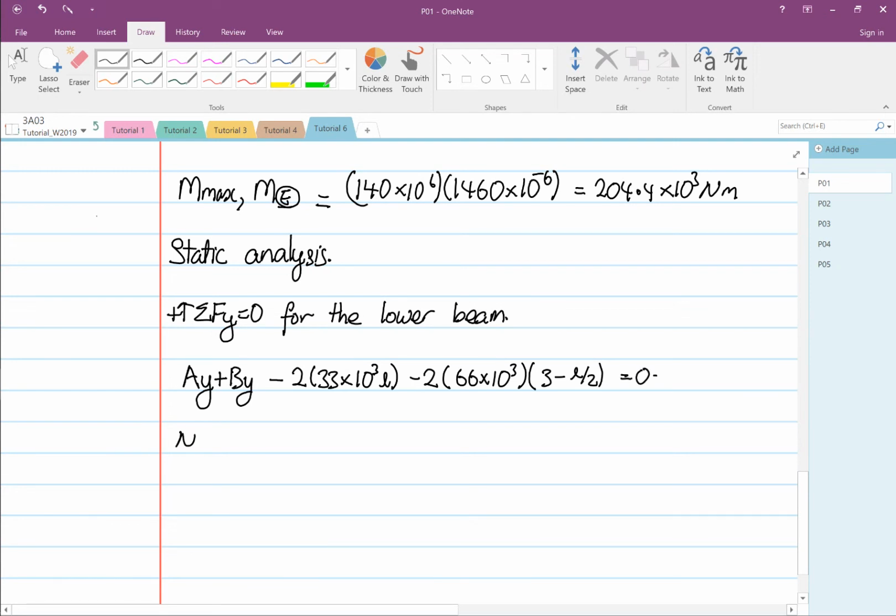Then note, due to symmetric geometry and loading, AY is equal to BY.